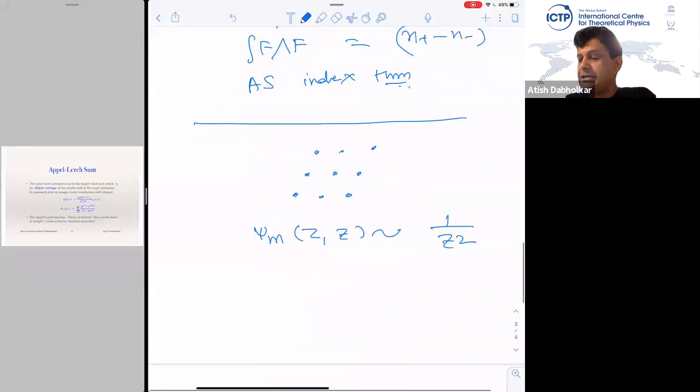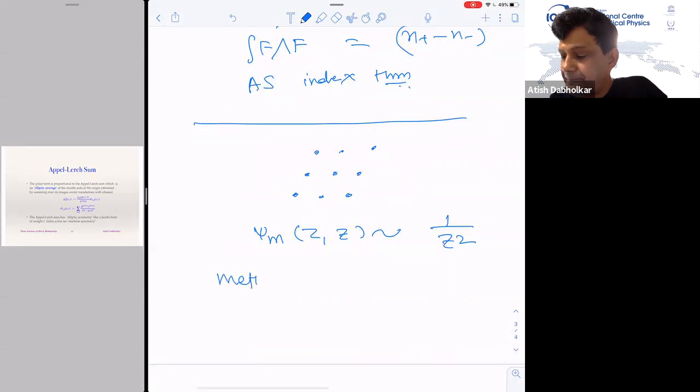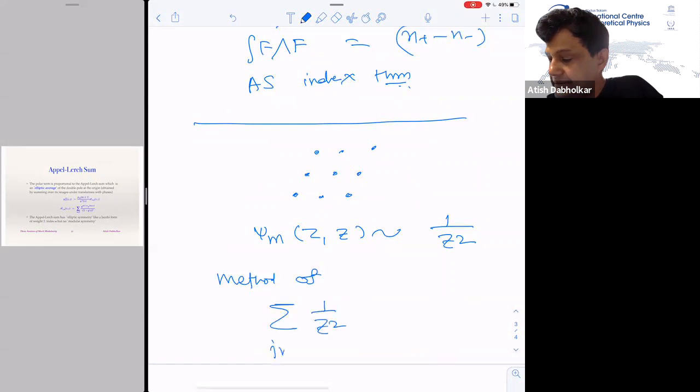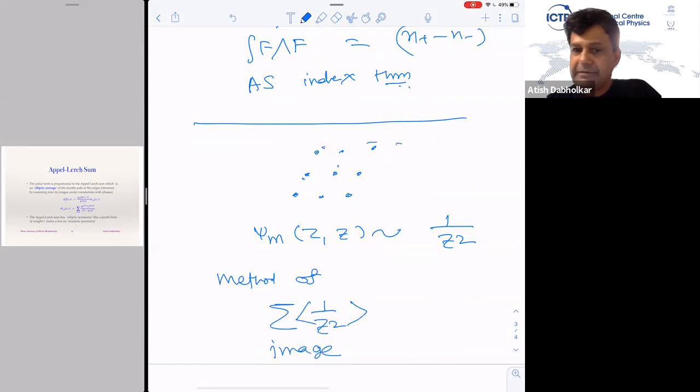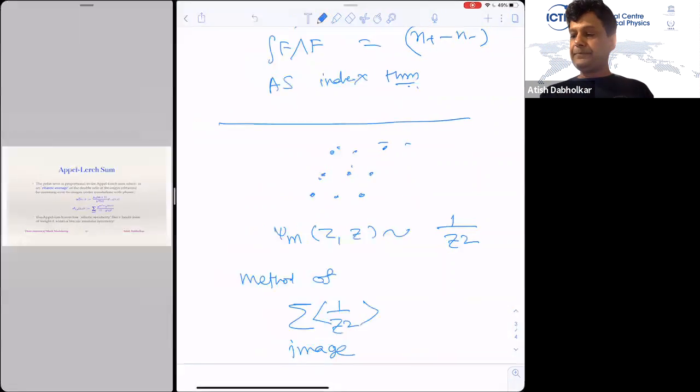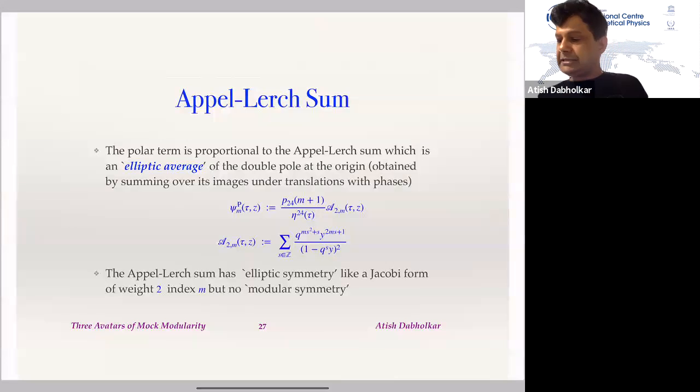So what you can do is use the method of images. You take an average over 1 upon z squared and its images, all these points. You can take an elliptic average, so to speak. And that's the Appell-Lerch sum.